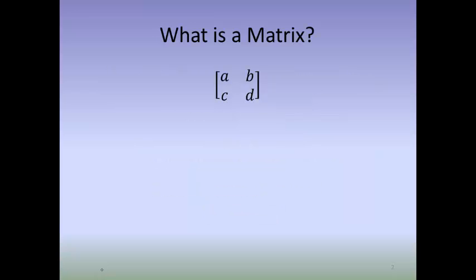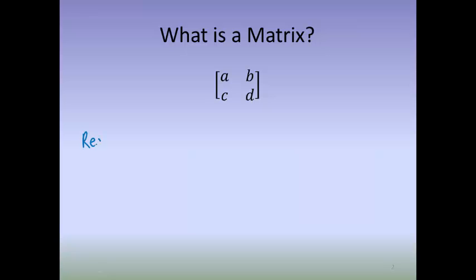So we're going to start with what is a matrix. And it is a movie, it's a great movie, but what is a matrix for mathematics? A matrix is defined as a rectangular array of numbers that are enclosed in brackets. So I'll write that down for you.